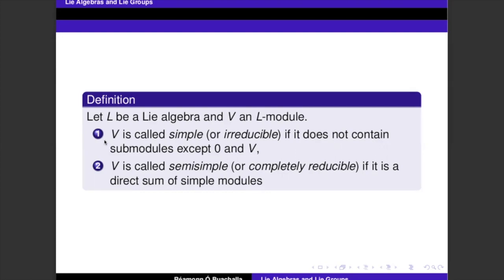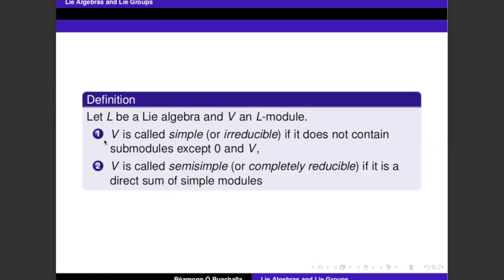So let's look at the definition. Let L be a Lie algebra, and let V be an L representation. V is called simple or irreducible if it does not contain any submodules except 0 and V. Here you see a direct generalization, or indirect analogy, with the definition of simplicity for Lie algebras.